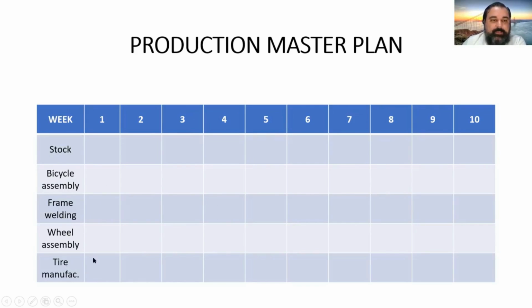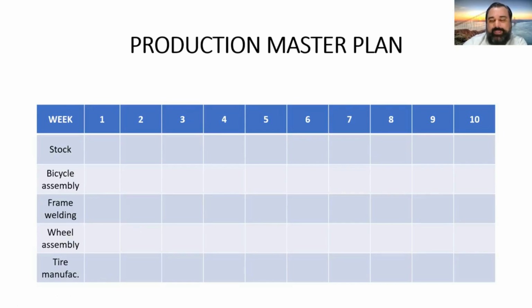And here we put all the departments: stock, bicycle assembly, frame welding, wheel assembly, and finally the tire manufacturer, which will start production before anybody else, because his component is the lowest level component. So it's the first one that needs to be ready so we can produce the bicycles.